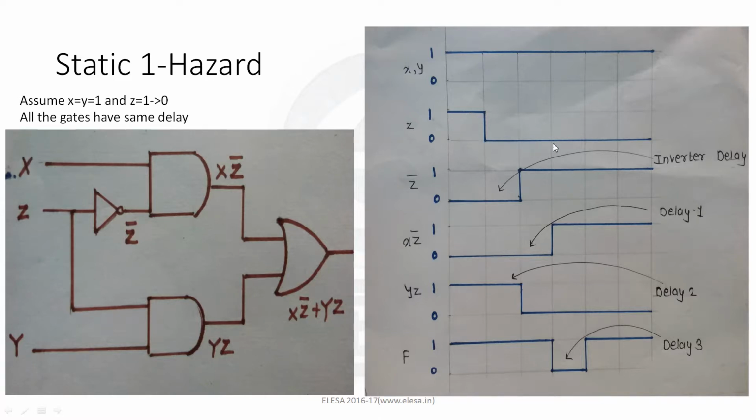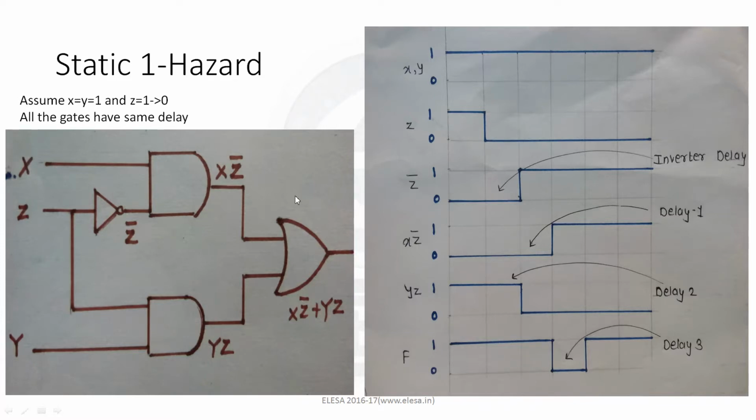This is the waveform for z. The NOT gate gives z bar, which is exactly the complement of z. So we may expect that z bar changes from 0 to 1 here, but it changes from 0 to 1 at this time, and this we call an inverter delay.